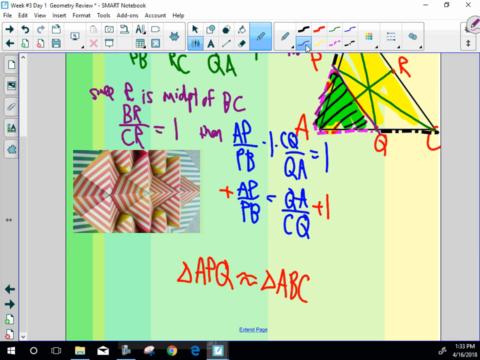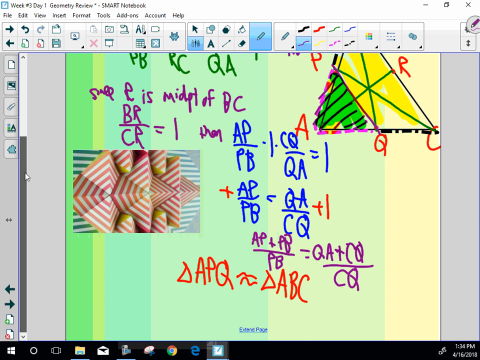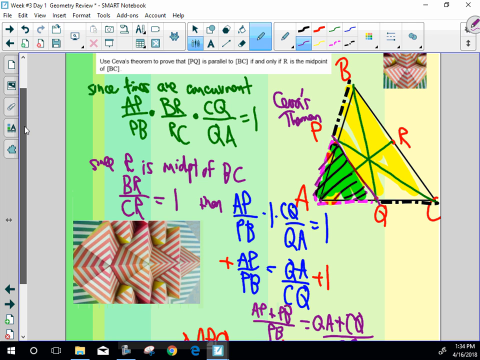The way I'm going to get it is I'm going to add 1 to both sides, which is the equivalent to AP plus PB over PB, because this is 1. And this is equal to QA plus CQ, both of these over CQ. And now what is length AP plus PB?